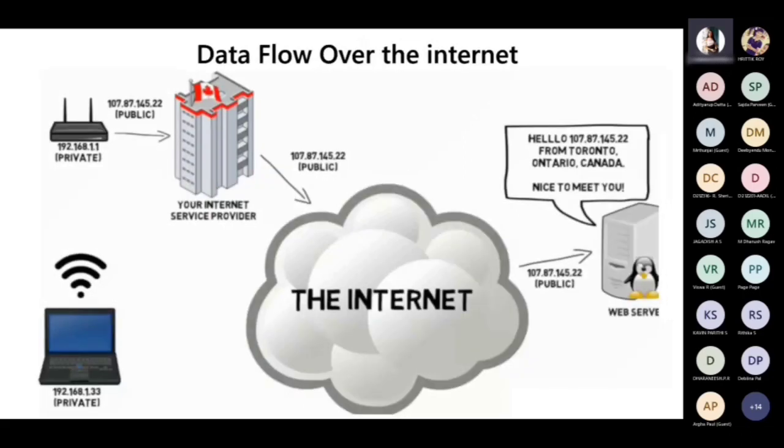But when we open a web page on the internet, the data flows through your router to the ISP and then goes to the internet and reaches the server you are requesting. When the server receives the request, it replies back with data that comes back through the internet and our ISP and reaches our PC or mobile phone through our router.